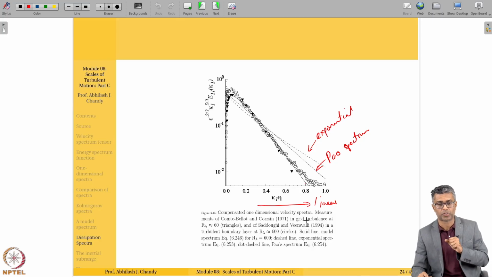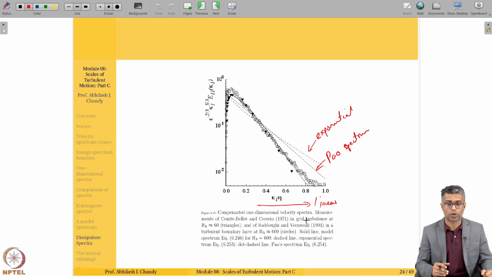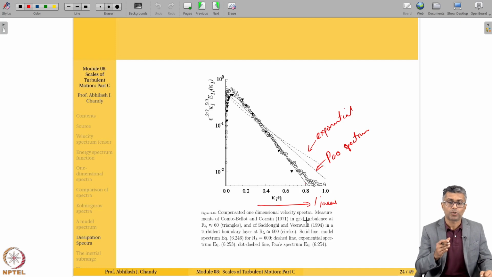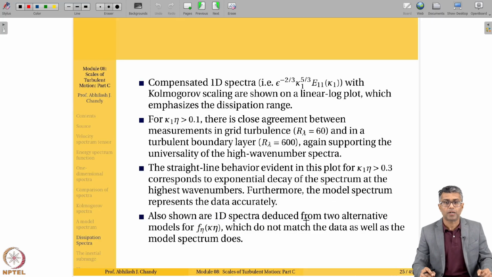We can make some observations here. For one, you can see that the overlap of the data set onto the model spectrum is clear, right? If you look at the exponential spectrum and the power spectrum, they don't match as well. So here, this is a compensated 1D spectra, a Kolmogorov scaling shown on a linear-log plot, again to emphasize the dissipation range.